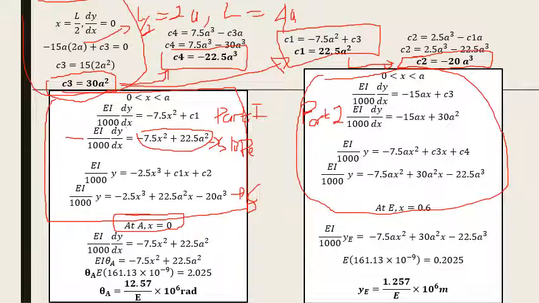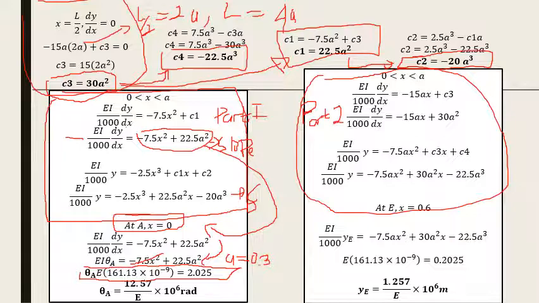To find the slope, I use this equation and put in all of the numbers. This term will be cancelled out because x equals 0, and then you just put in the value of a, since a is equal to 0.3 meter, and we got this. a times E times inertia equal to 2.025.